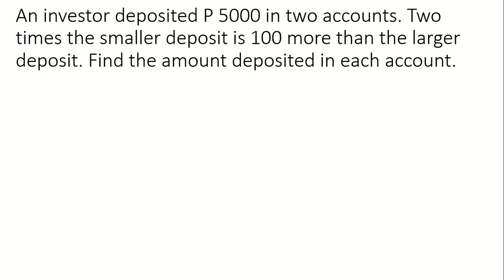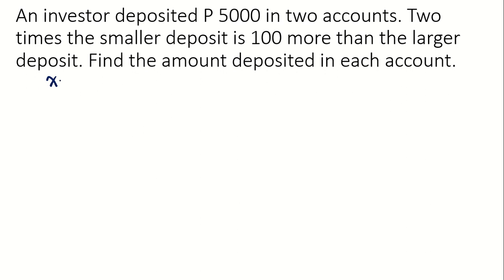Next, last example: an investor deposited 5,000 into two accounts. 2 times the smaller deposit is 100 more than the larger deposit. Find the amount deposited in each account. So let's try to represent our problem.